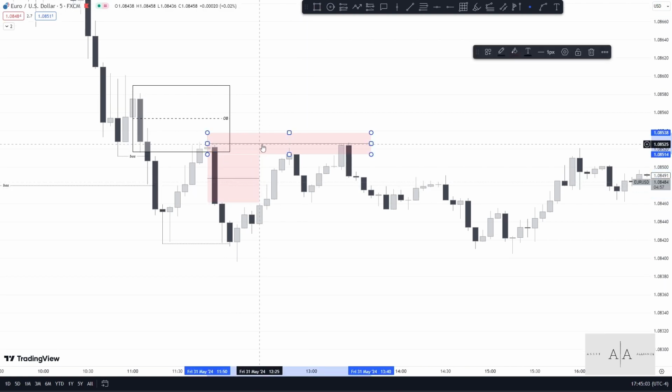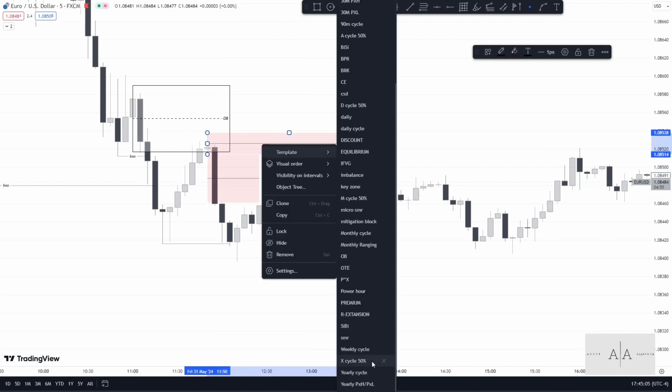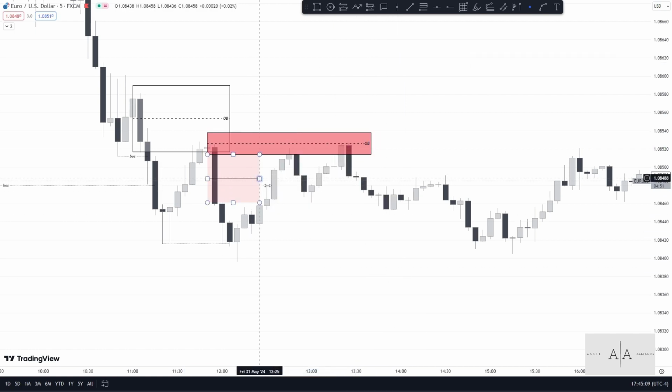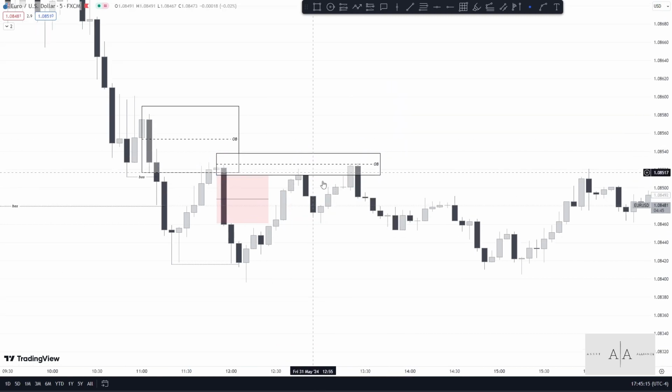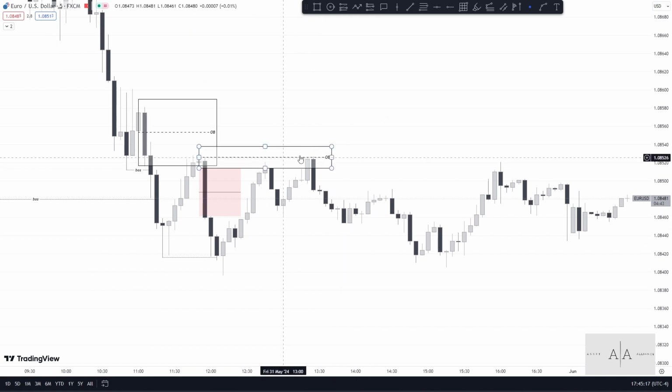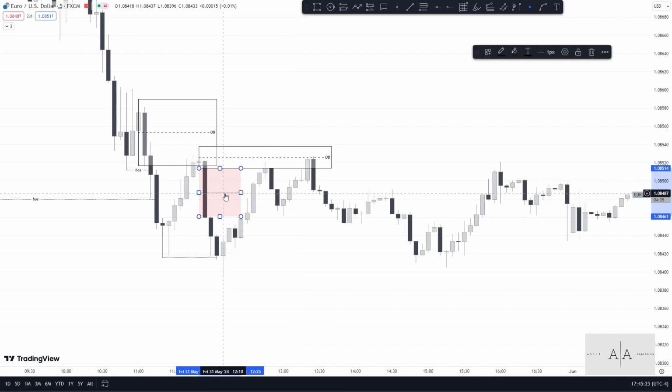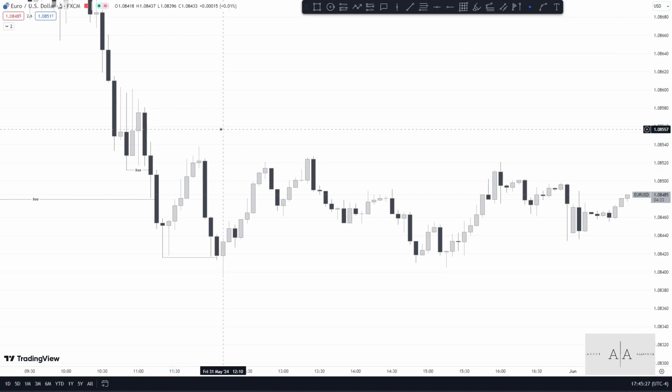It was not a high probability order block because there was no real break of structures, but it was still an order block that you could have used if you were down to risk it. I personally wouldn't have risked it. So those are bearish order blocks.